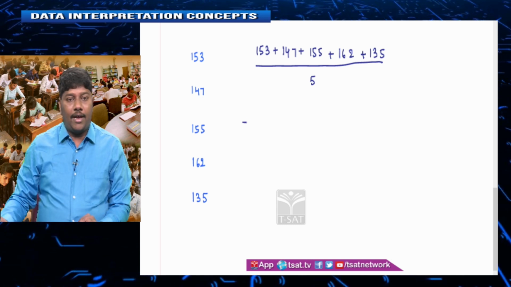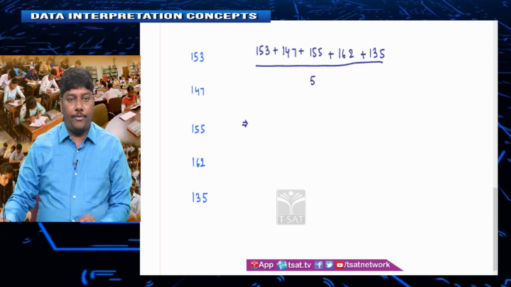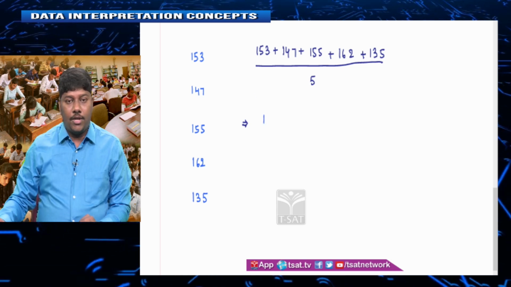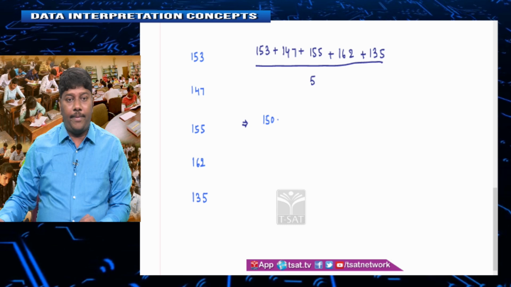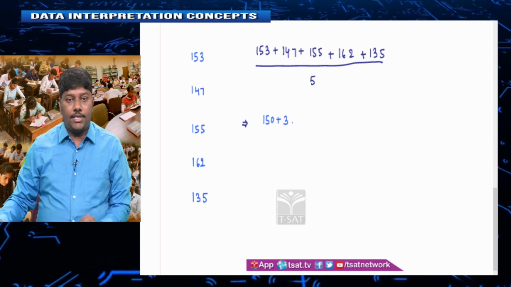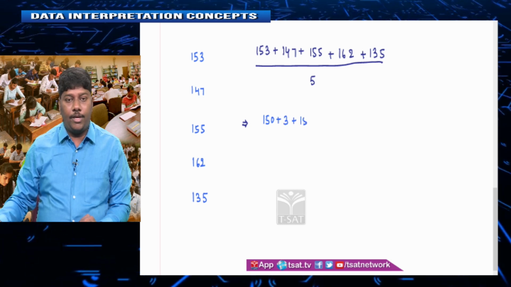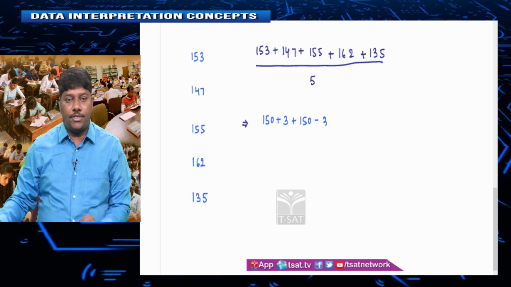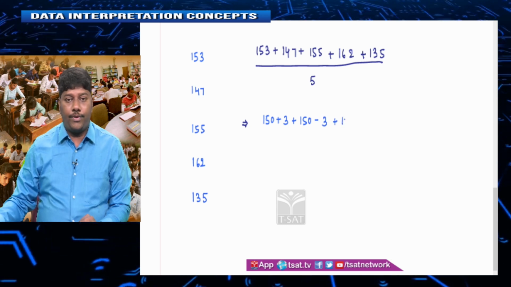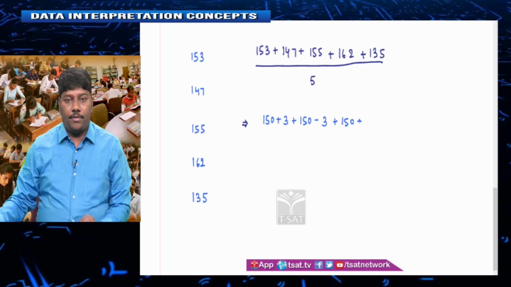Now, I am choosing my average as 150. Therefore, I can write each and every observation, the first observation as 150 plus 3, the second observation as 150 minus 3. You understand the deviations?